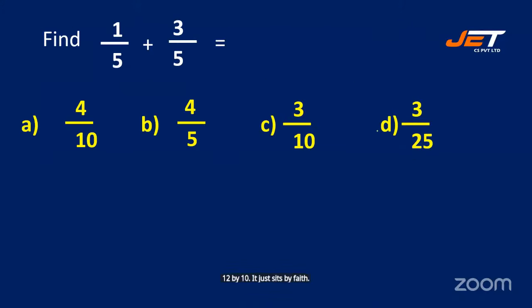All right, students. So now your time comes here to add. What is 1 by 5 plus 3 by 5? Yes. So what is 1 by 5 plus 3 by 5?